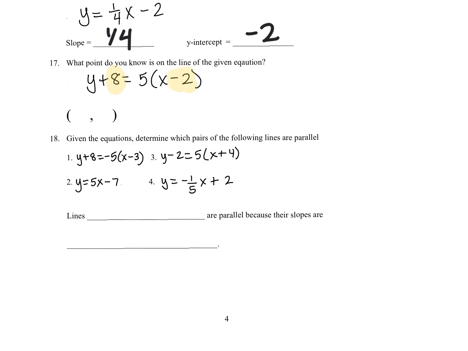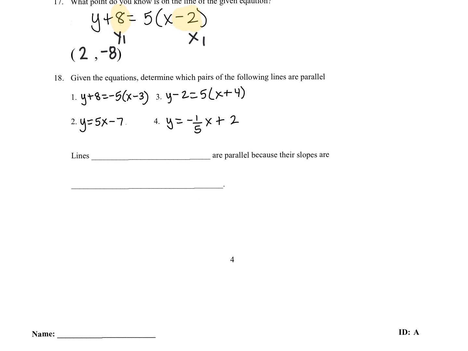So this is your x1 and this is your y1, but the formula itself says minus. So the x value, since it says -2, the opposite of -2 is +2, and the opposite of +8 is -8, so my ordered pair that I know from this equation is 2, -8. That's the only point that I know.